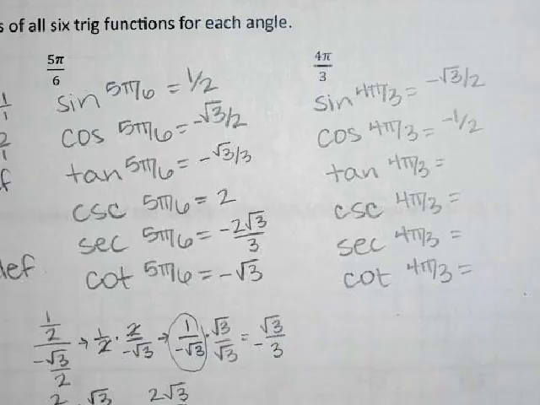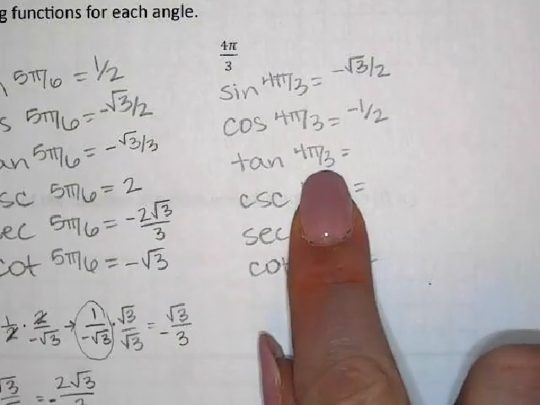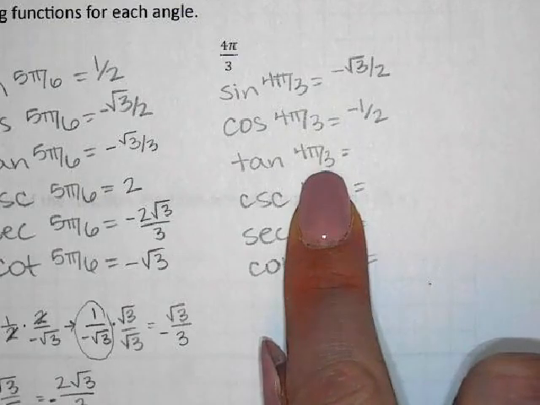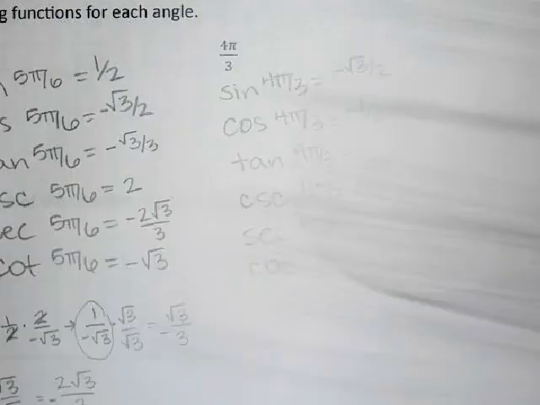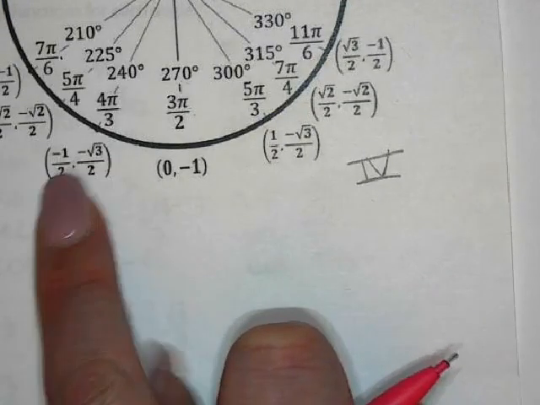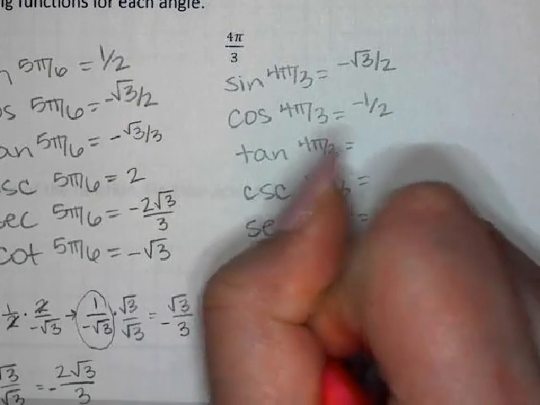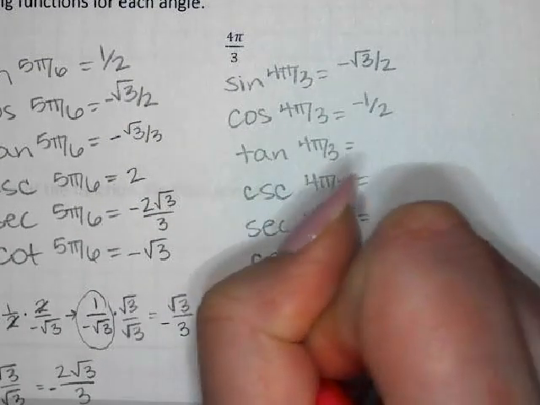Okay. Tangent is going to be y divided by x. Y divided by x. That's kind of nice this time. Negative root 3 over 2 divided by negative 1/2.